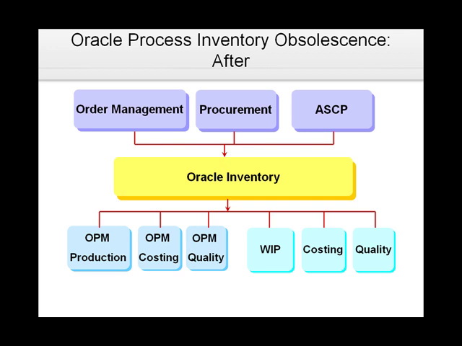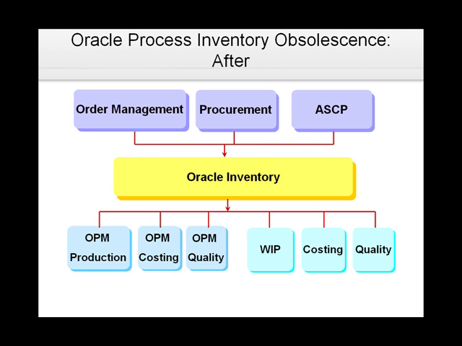In this case, order management, procurement, and supply chain planning all are talking to one single inventory organization. But again, the functionalities like production, costing, and quality, they have kept separate. So for production purposes, OPM functionalities are different, and for discrete manufacturing, functionalities are different.